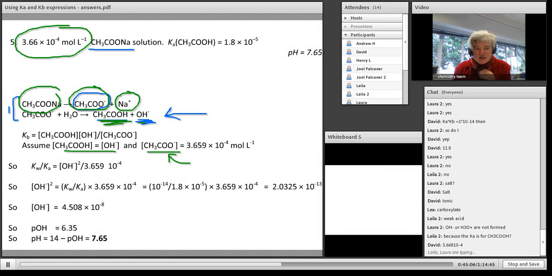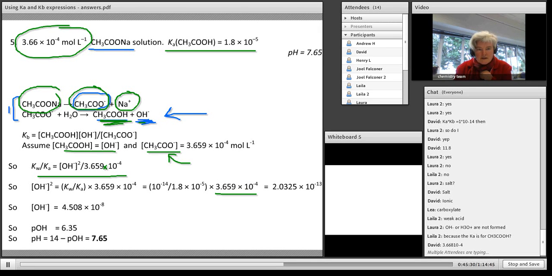Okay, and then it's the same thing we did. We are given a Ka, so we have to work out the Kb from the Ka, and so it's the same sort of step. There we've worked it out. That should have been times 10 to the minus 4 in there. And we should get an answer of that. Sorry, that's the whole thing.